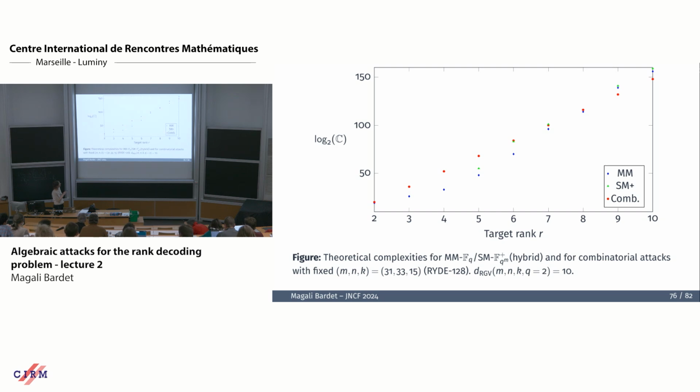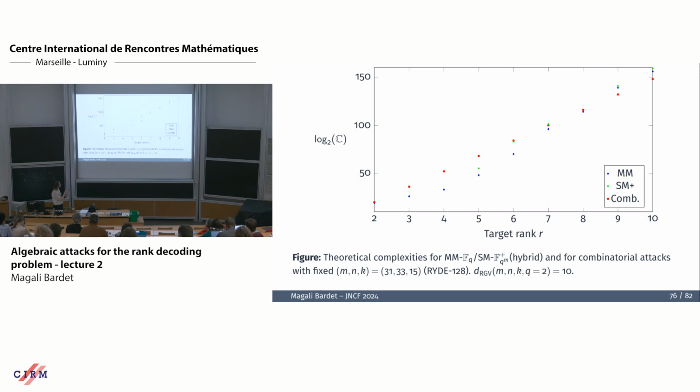And then you have a slope that follows the combinatorial part of the complexity. So this increases. You have here the slope for the best combinatorial attacks.